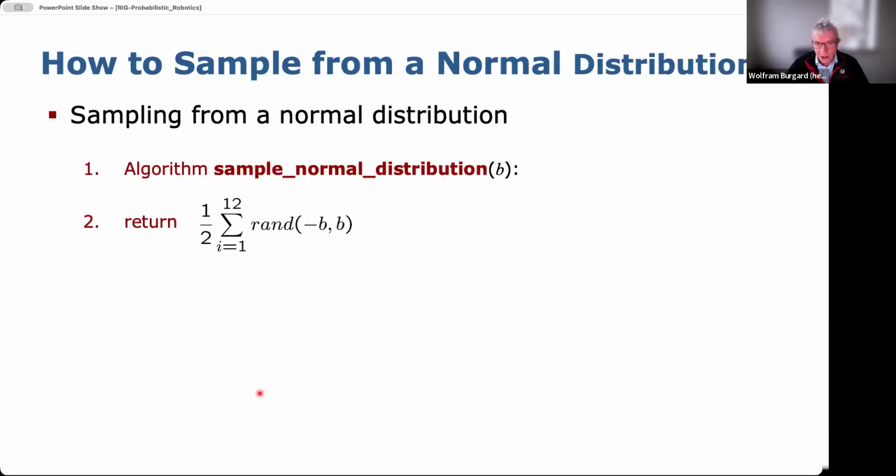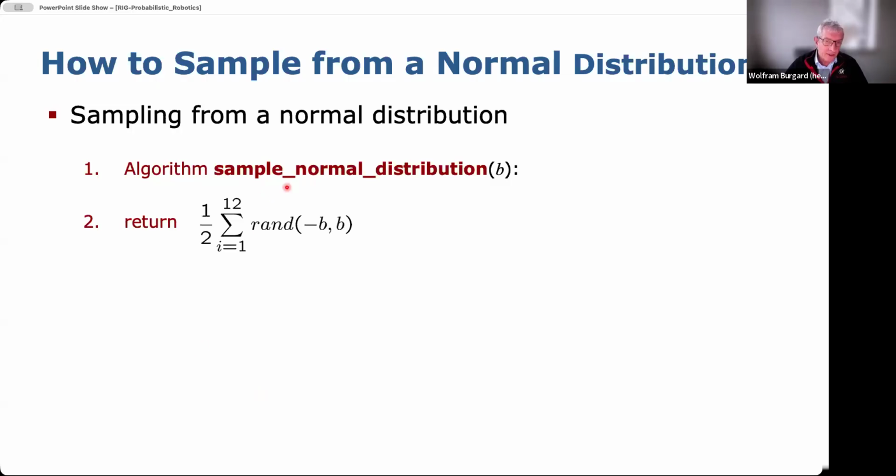The idea now is that instead of evaluating these likelihoods, we are going to sample from the so-called motion model. We're going to implement a function that allows us to guess a potential new pose of the robot, given the robot was in x before and executed the odometry command.